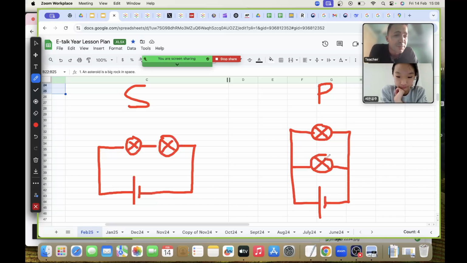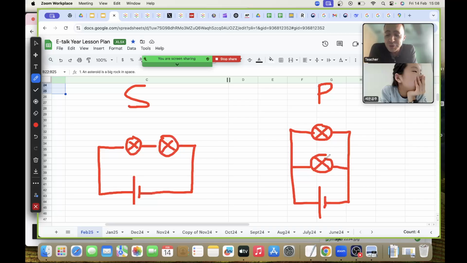And I want you to remember the answer here. Which circuit will be brighter? They have the same number of batteries, they have the same number of bulbs. Which one will be brighter?